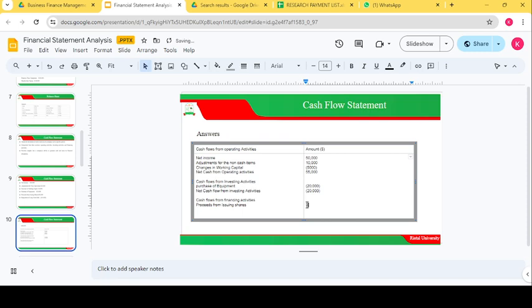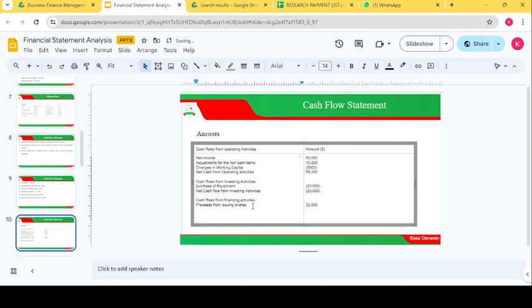The amount we are given is 30. And then we have repayment of long-term debts. Repayment, we are paying, it means our cash is going out.